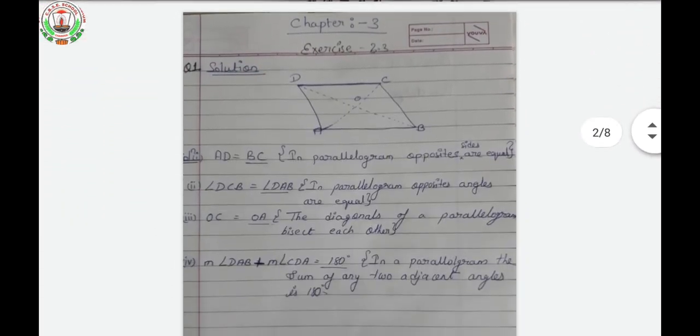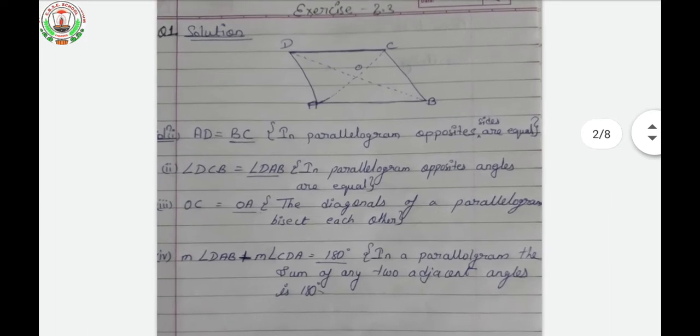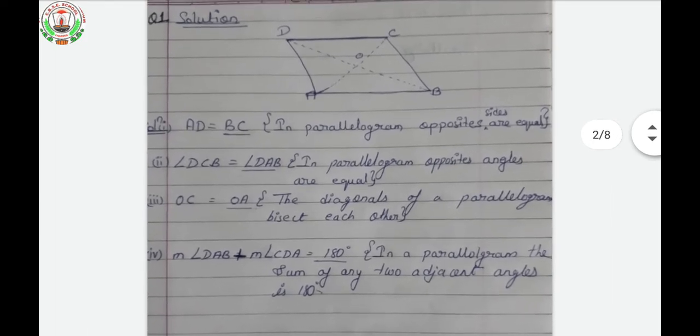Now look, the solution is here. First one, side AD will be equal to side BC. Why is it so? Because the property of a parallelogram states that the opposite sides are equal. That's why side AD will be equal to side BC.